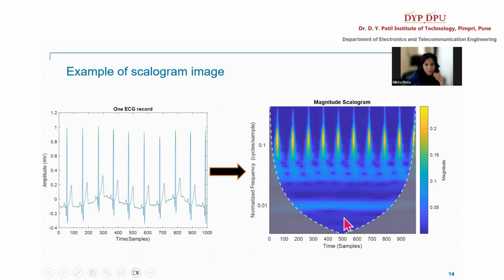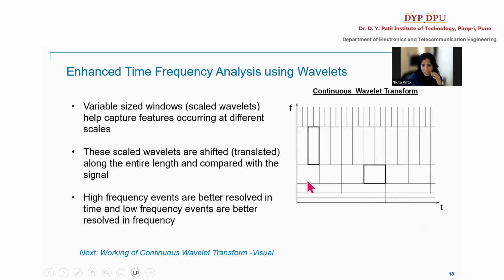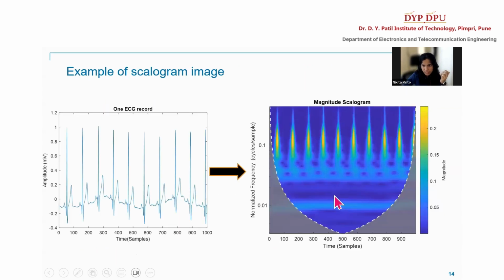Now, as we go higher in frequency, we take shorter wavelengths. The shorter wavelength is going to pass across the signal in more windows, right? It's fitting in the signal in more windows as compared to the low frequency wavelet. So here we're getting a little more detail in the scalogram.